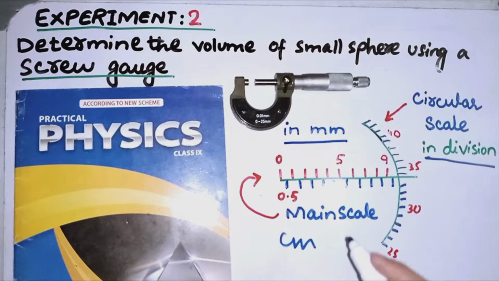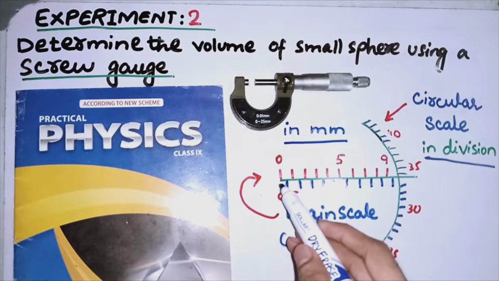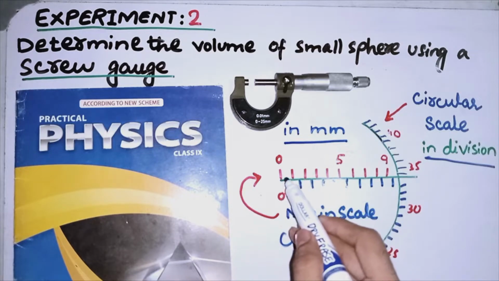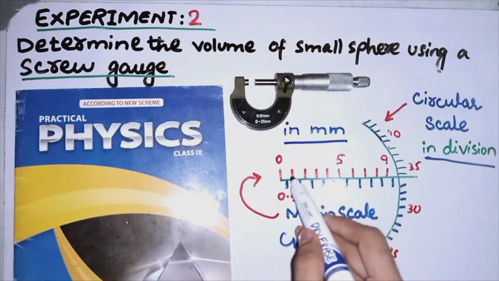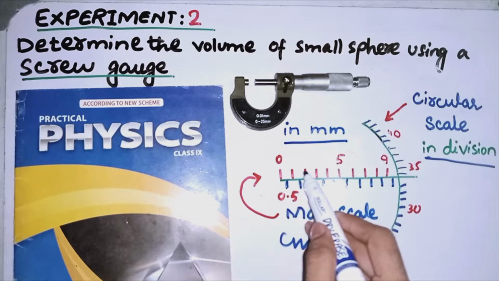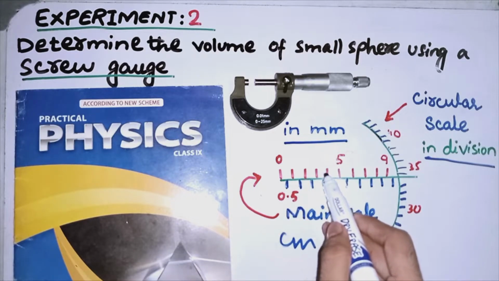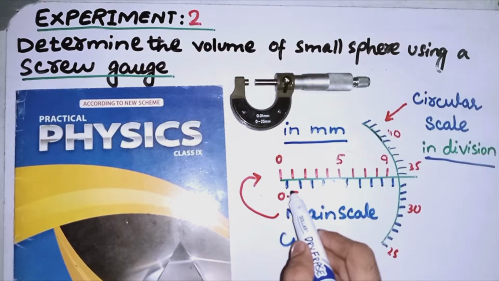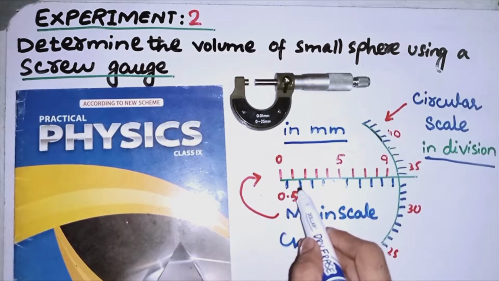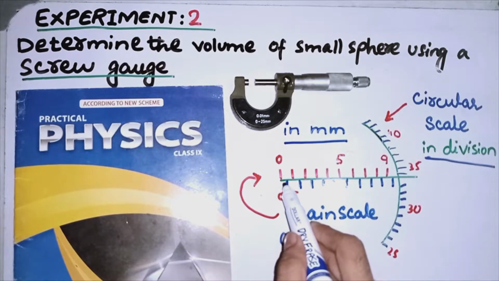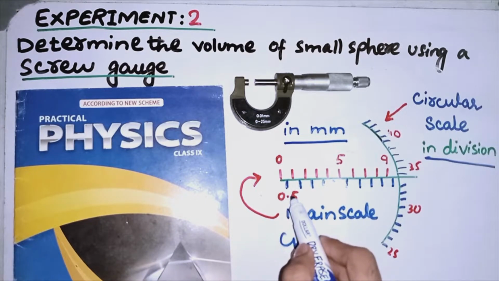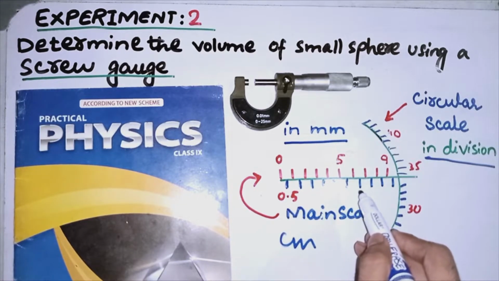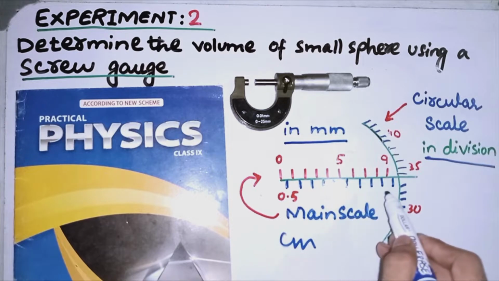So first of all we will observe how to read the main scale. The red markings, the upper markings, show 0, 1, 2, 3, 4, 5 and so on, whereas the lower markings, colored blue, each represent 0.5.